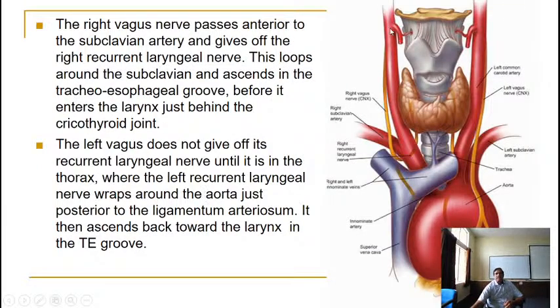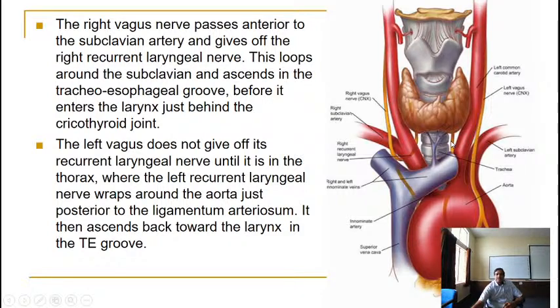And as I told you, the recurrent laryngeal nerve is from the vagus nerve, which comes through, with the common carotid artery, and travels in that sheath along with the jugular vein, which is not represented here, and then comes anterior to the arch of the aorta. This is on the left side, and then it hooks around the arch of the aorta and comes into the neck again.